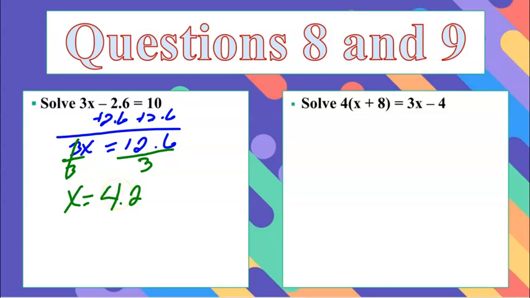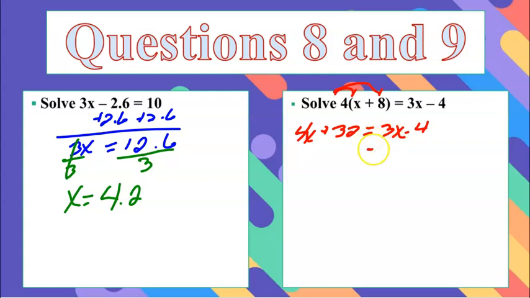Question 9. Solve this one. So to get rid of the parentheses, we're going to distribute, and that gives us 4x plus 4 times 8, which is a positive 32, equals, this side stays the same as 3x minus 4. Okay, we need to get our x's to one side. It doesn't matter which side. I'm just going to put it to the left.